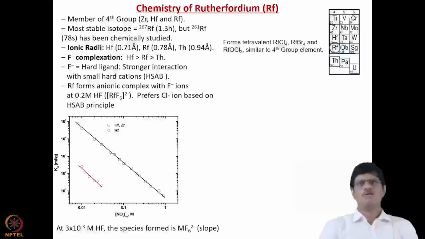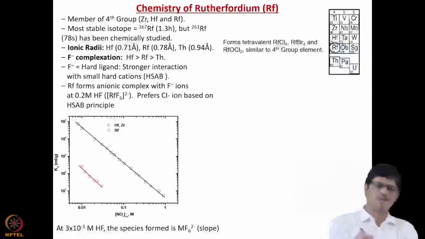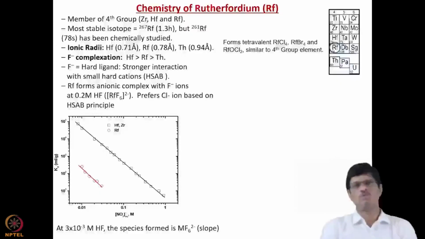Now coming to the aqueous chemistry of rutherfordium, we know that rutherfordium is a member of the fourth group as shown here. So it has an oxidation state of +4, and it has the ionic size. Hafnium is having 0.71 angstrom, rutherfordium 0.78 angstrom, and thorium 0.94 angstrom. Why I mentioned thorium here?